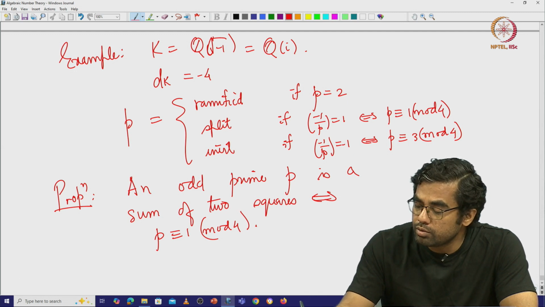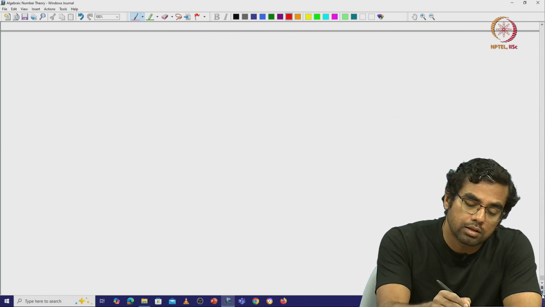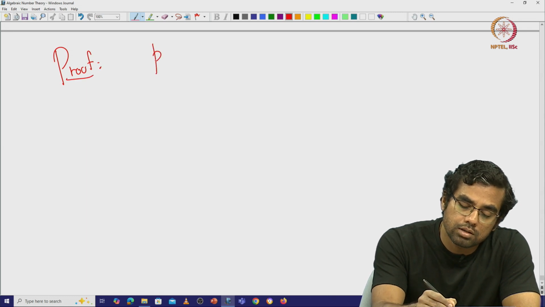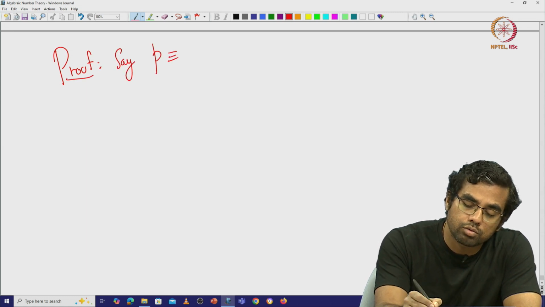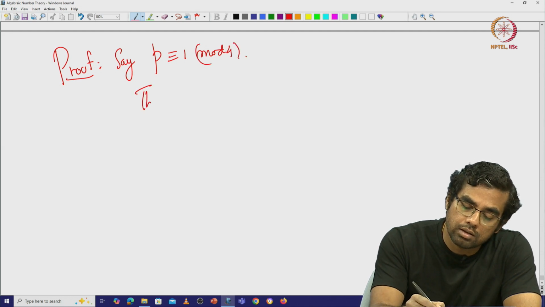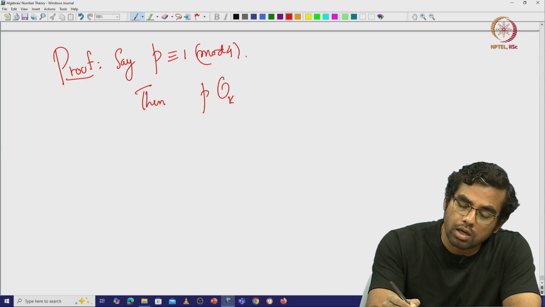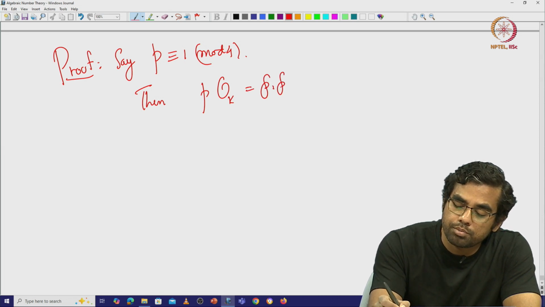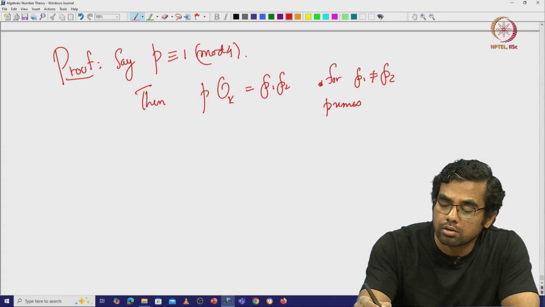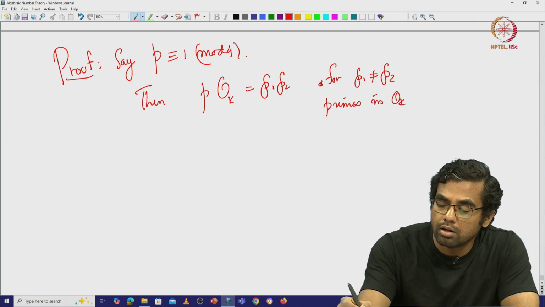Okay, and how do we do that? Well, let's say that p is congruent to 1 mod 4, then p times O_K is p1 p2 for p1 not equal to p2 primes in O_K.